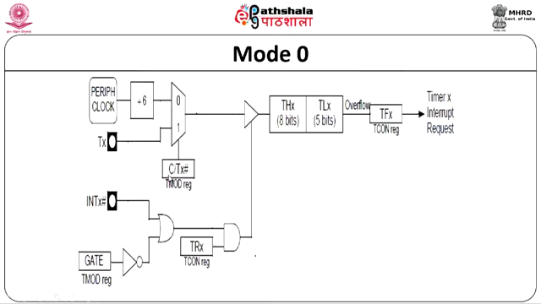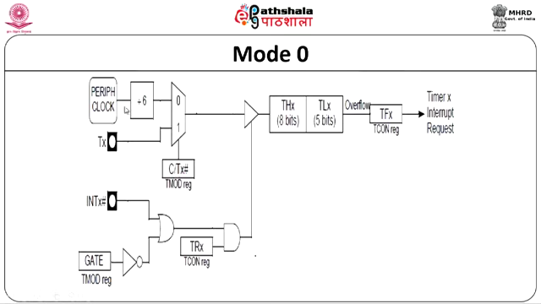Now if it is equal to 0, the timer input comes inside and it operates like a timer. If it is equal to 1, it operates like a counter, so that the input is taken from here only. Whenever a negative transition occurs at this particular point, that means the external input is taken and this gets incremented.